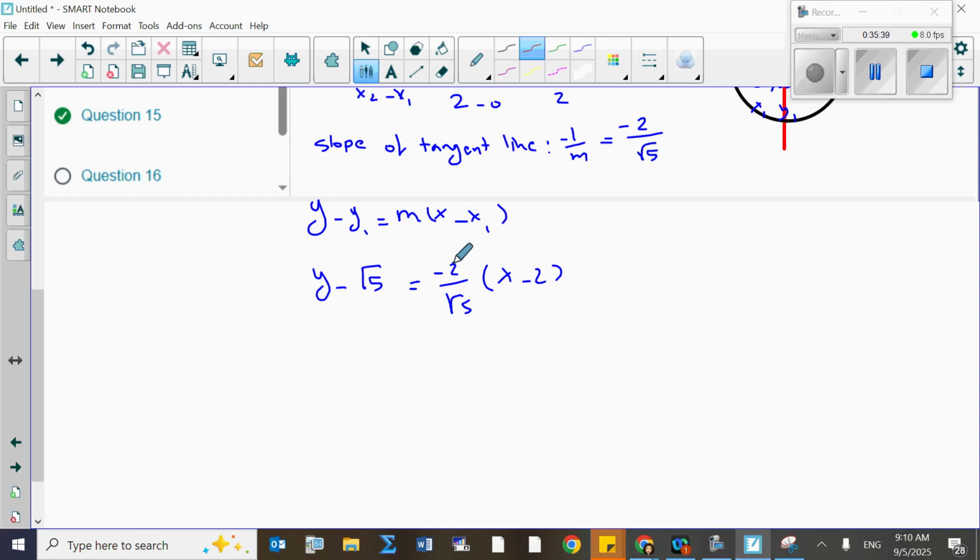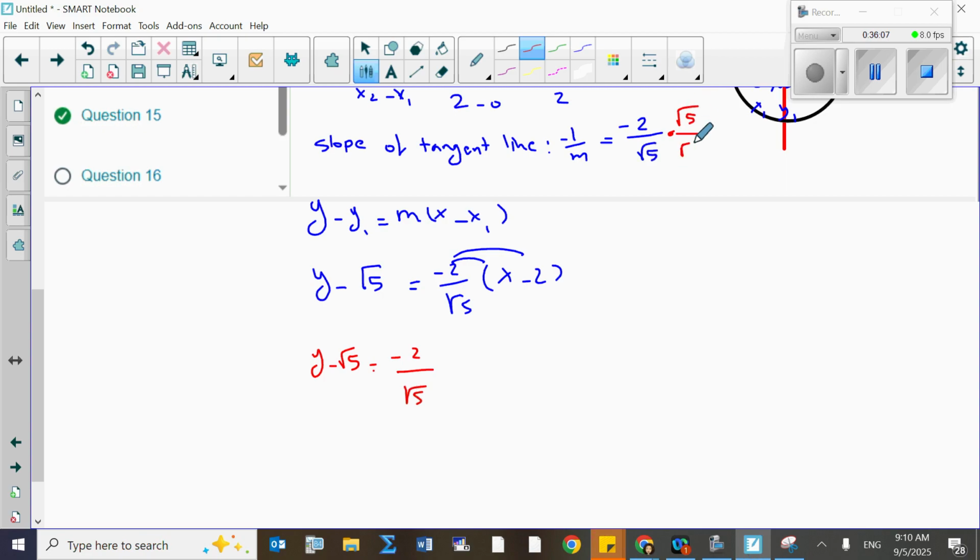Okay, let's start simplifying. First, distribute these two. So y minus root 5 equal to negative 2 over root 5. However, I forgot something. We always prefer to rationalize. If you have a number that has a radical in the denominator, we always prefer to rationalize that. I forgot to do that earlier.